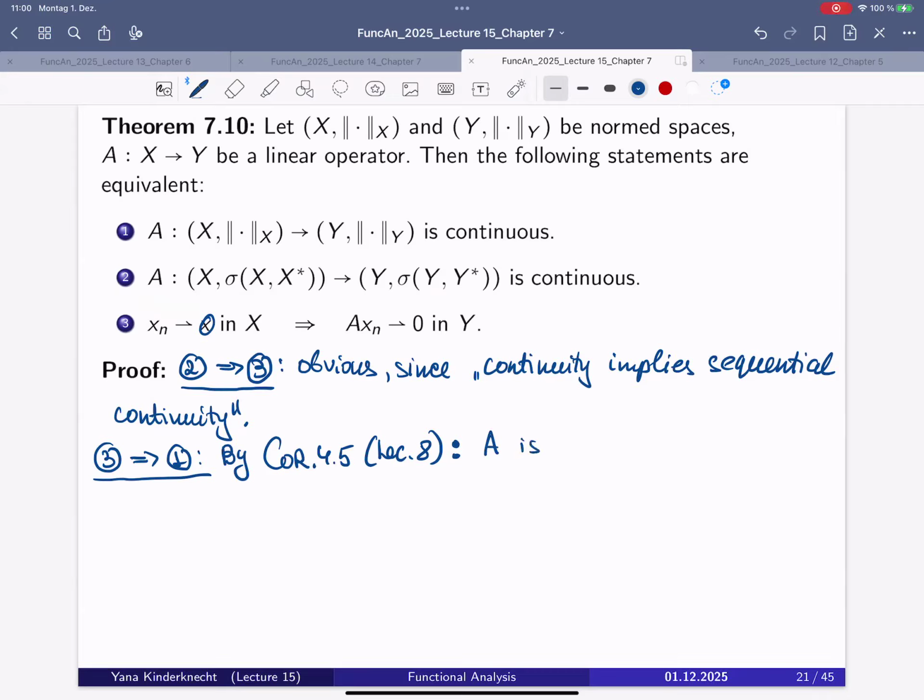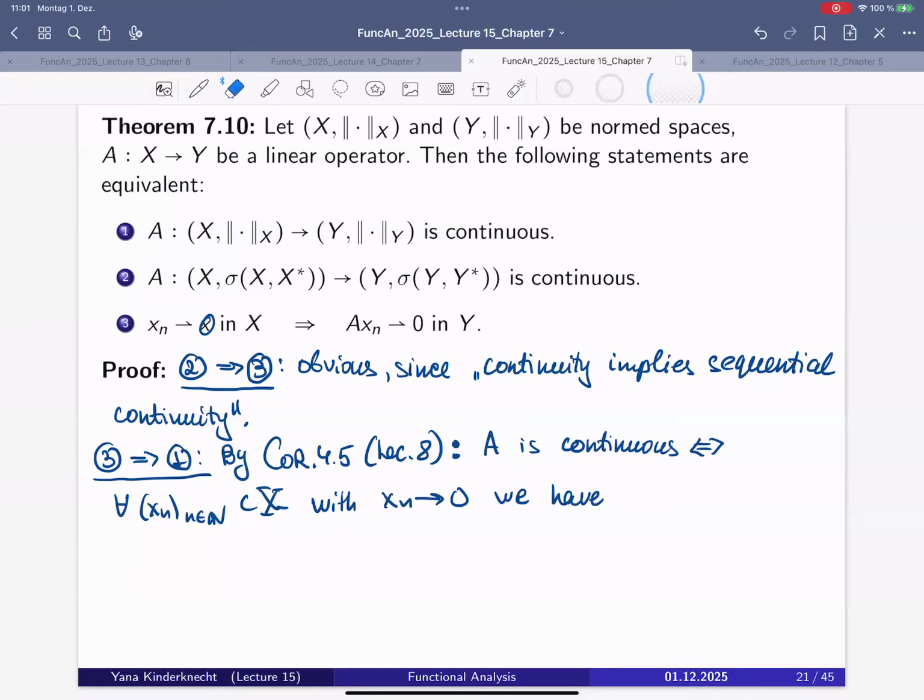A is continuous, as a mapping between topological spaces, if and only if for any sequence x_n in X which converges to 0, we have that the sequence A x_n, this is a sequence in Y, is a bounded set.